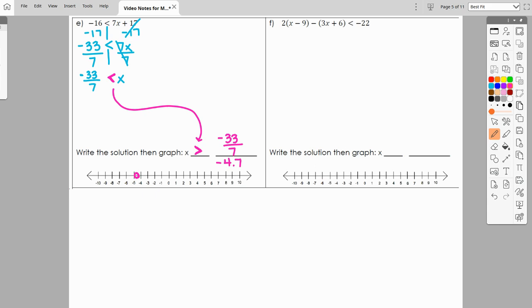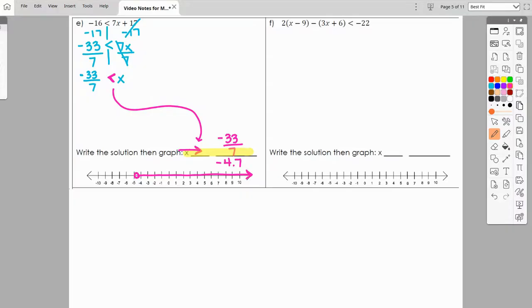And because I rewrote it in this format here, with X being on the left side and a number on the right, I can actually make this into a nice arrow sign to show me which way my graph is going. But that arrow sign trick only works when your variable is written on the left side, which is why we did a rewrite for this problem.